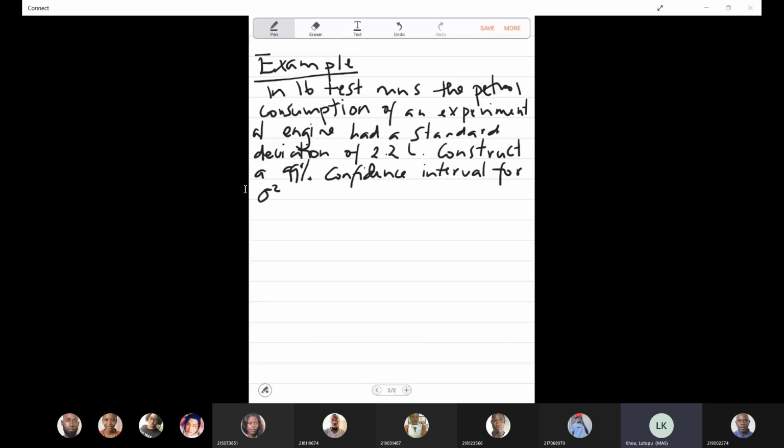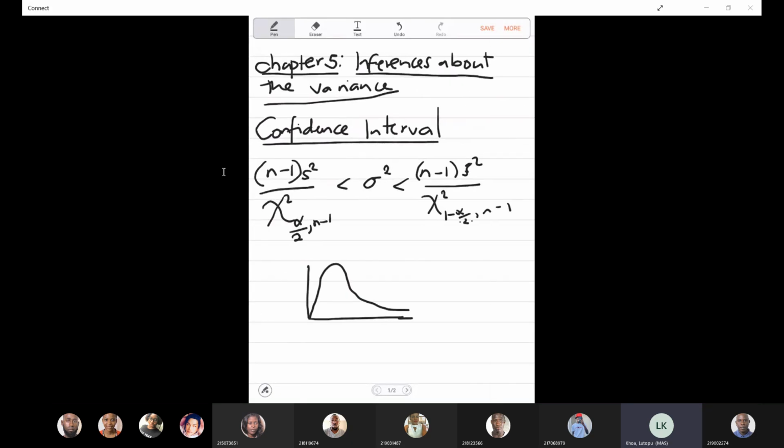So make sure you do the correct one. Sometimes they will say the standard deviation, so you construct a confidence interval for the standard deviation. At other times it'll be a confidence interval for the variance. So if you're asked to work out the confidence interval for the standard deviation, all you will do is take the square root on both sides over here.